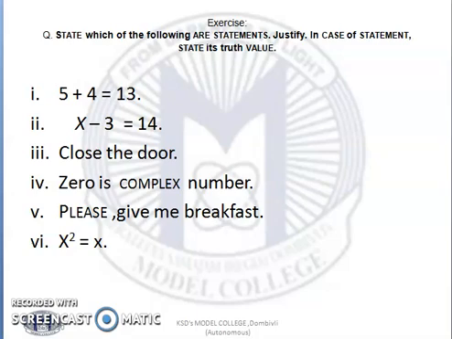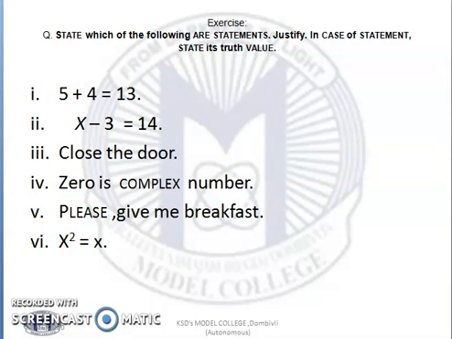Clear? Second, x minus 3 equal to 14. Here x is an unknown variable, and the statement does not tell us the truth value for other values of x. Hence, this second one is not a statement.